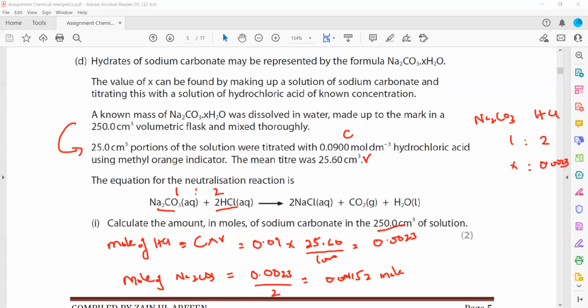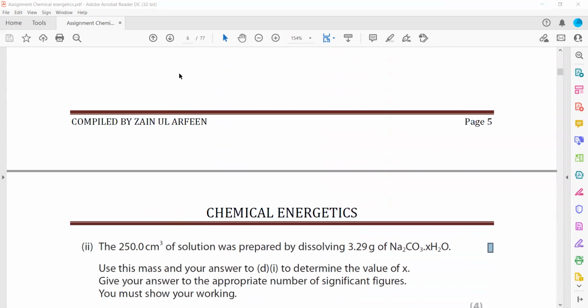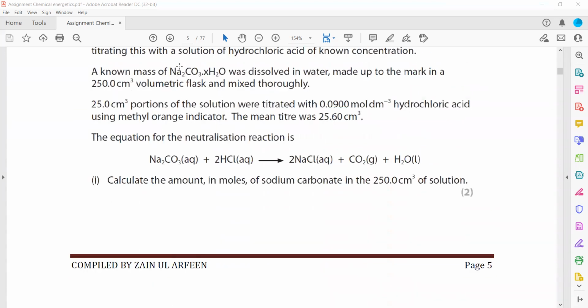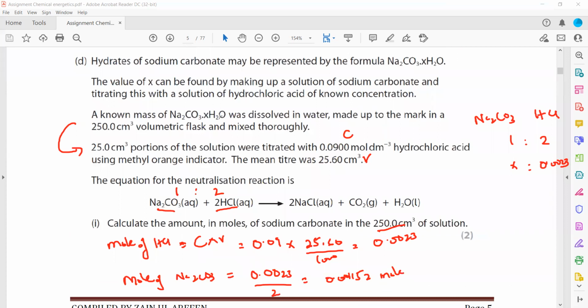The next part: that is in 25 cm³ because the titration is done with 25 cm³. But we need it for 250 cm³.